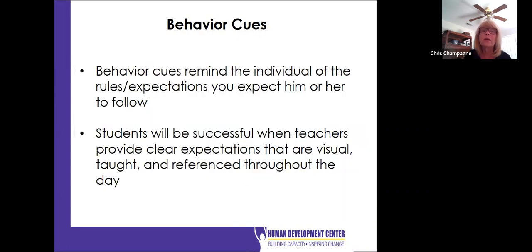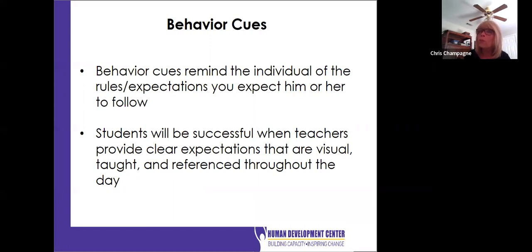The next category of visual cues are behavioral cues, and those remind the individual of what the rules are and what the expectations are for certain settings and situations. We know that when we are clear about the rules and the expectations, that we are setting up individuals to be more successful.